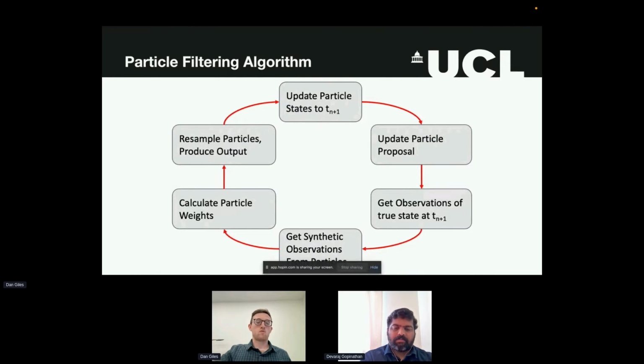We're going to resample the particles: keep the higher weighted particles and duplicate them, and delete the bad particles. In this step we also produce statistical estimates of your mean and your variance and so on. So that's generally just the particle filter algorithm itself.